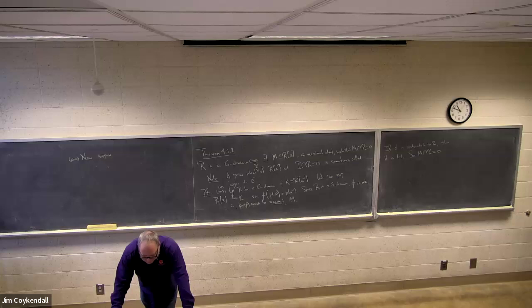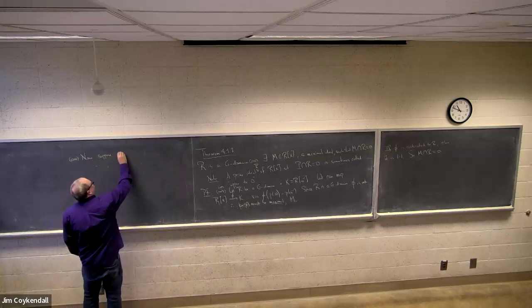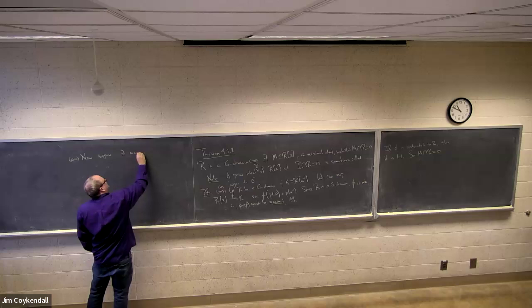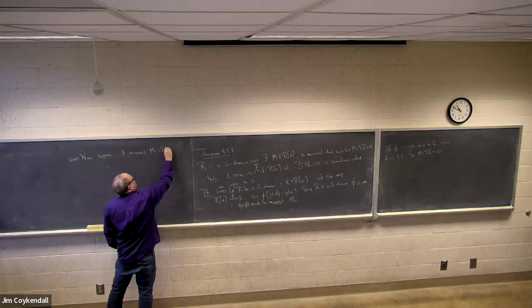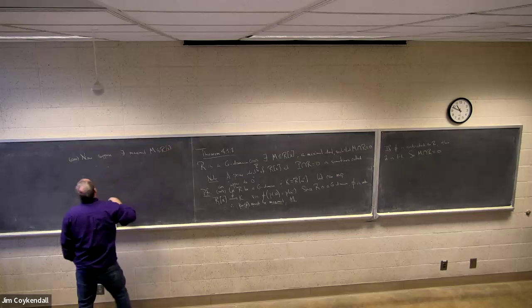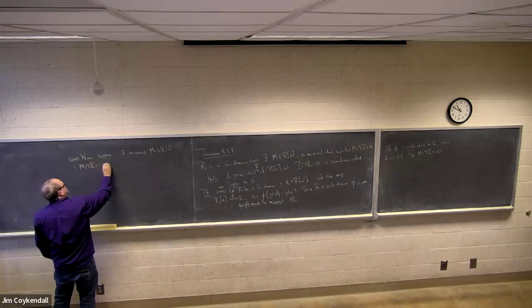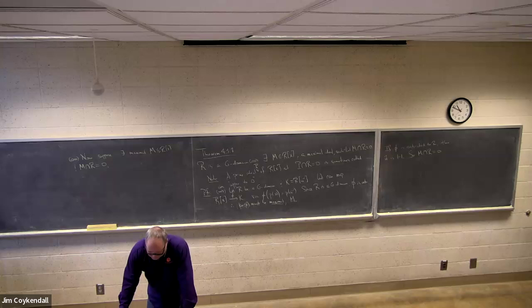On the other hand, suppose M is maximal in R[x] and M intersect R is 0. And the intersection is the 0 ideal.